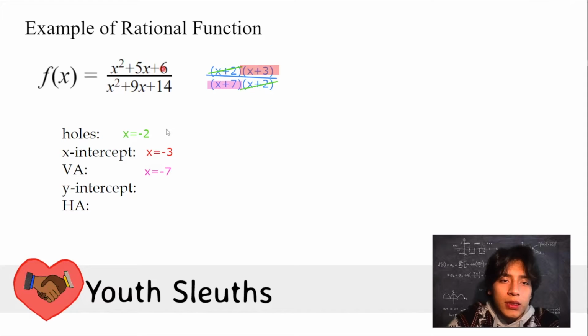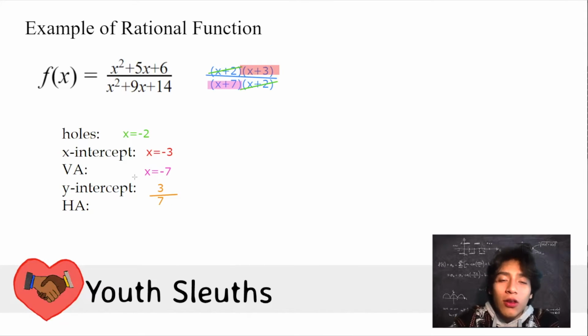We're left with 6 in the numerator. And then for the denominator, we plug in 0: 0 squared is 0, plus 9 times 0 is 0, plus 14. So we have 14 in the bottom, which we can simplify to 3 over 7.